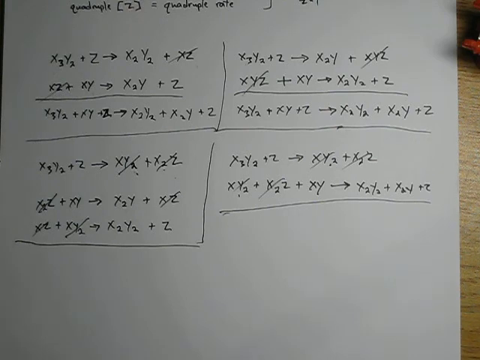I bet you could come up with even more. Which one is right? The answer is, at this point, we don't know. However, we can make a few educated, not guesses, but educated decisions about which is a better mechanism, which is a not good mechanism.